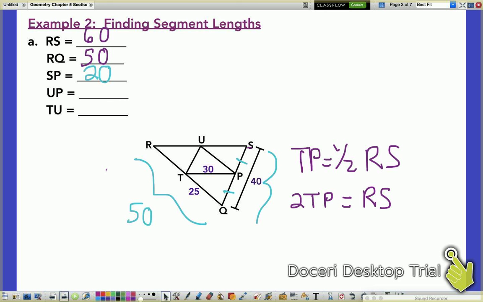Okay, again, I said RQ is 50. They want me to find UP. Okay, UP would be the midsegment, and it would be half of the base. So UP would be half of 50. So UP would be 25.